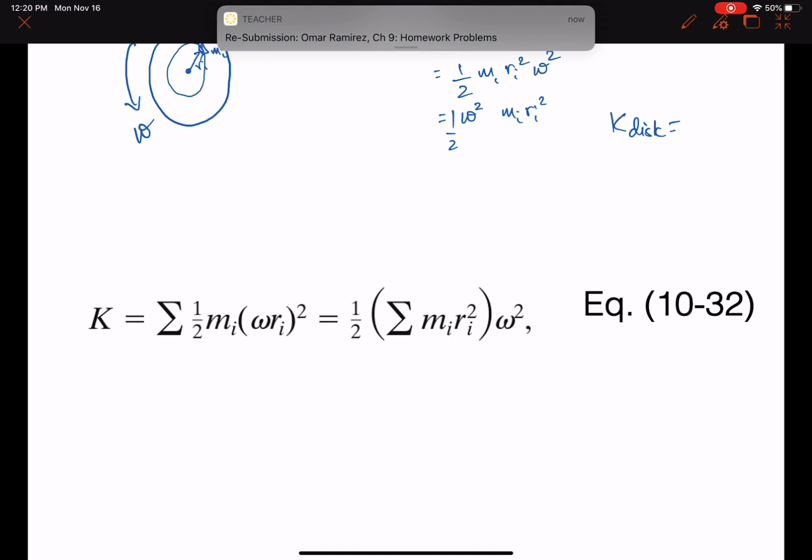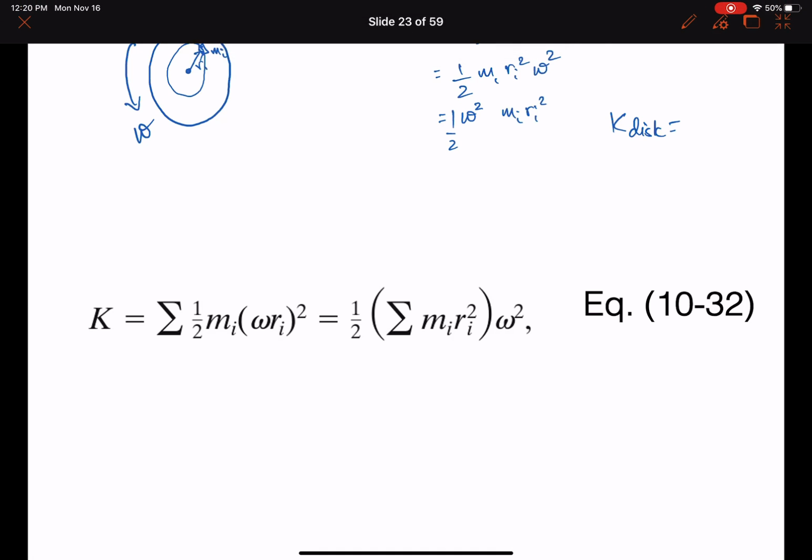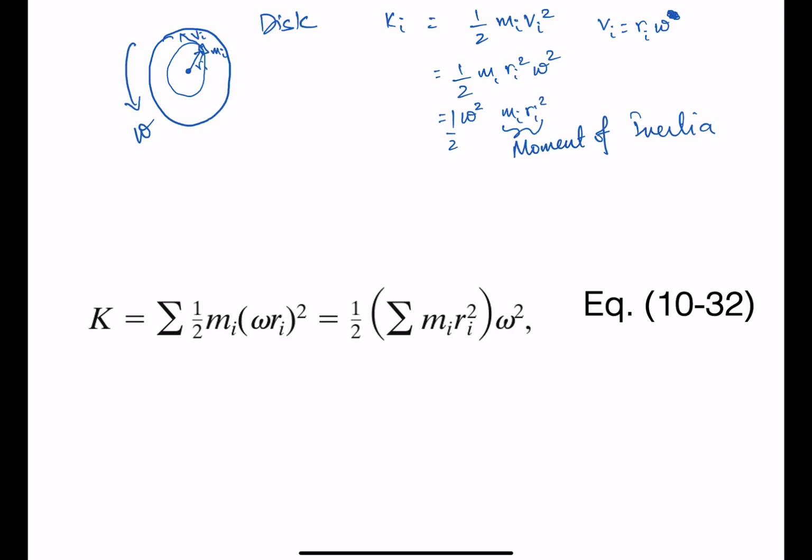Let me not jump ahead right now. So mi ri squared is your moment of inertia. So the rotational kinetic energy, I can write that as 1 half, this is your moment of inertia I, so 1 half I omega squared.